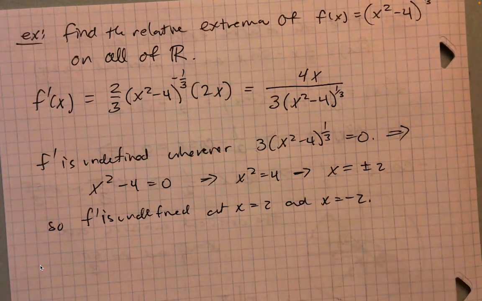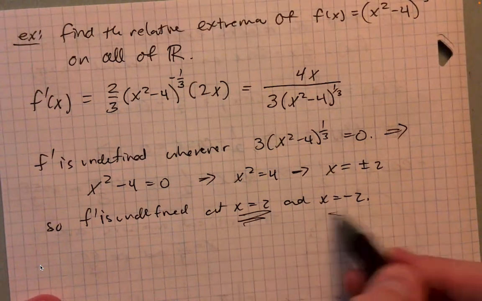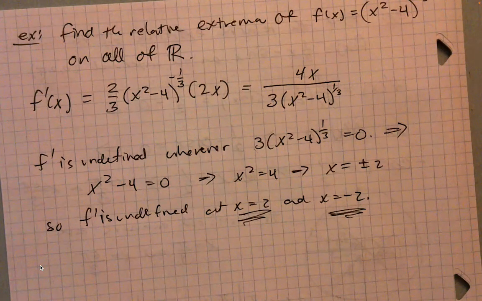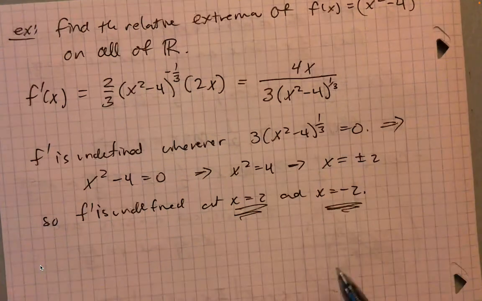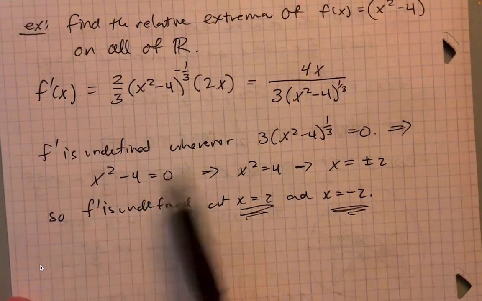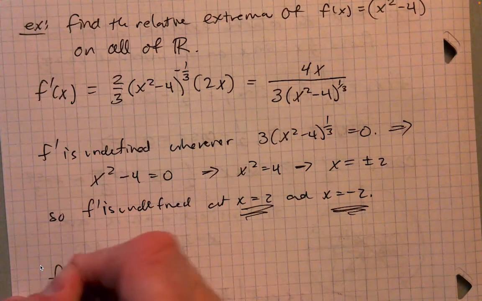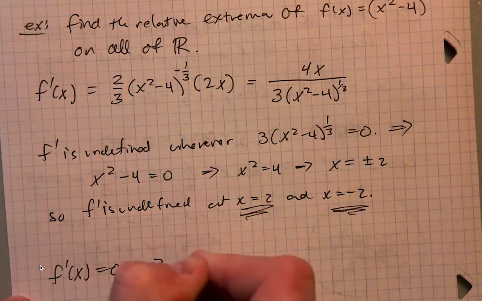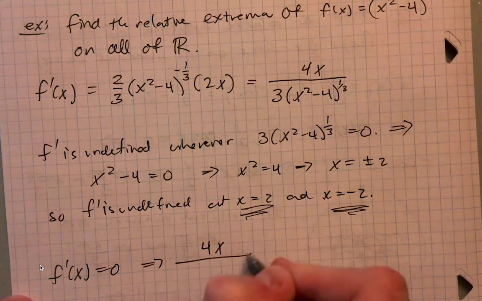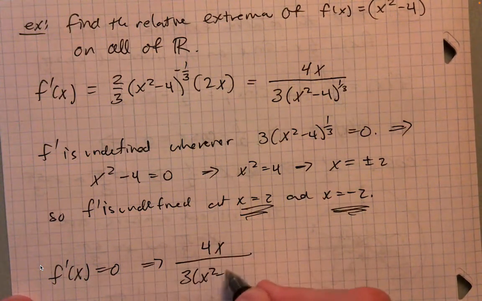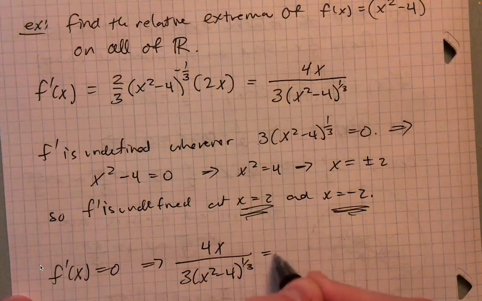So just things to know: if the derivative is undefined, that means you have critical numbers there as well. So these are critical numbers in addition to whatever other critical numbers we might find. The other critical numbers could be identified by setting the entire derivative equal to 0. So f prime of x equals 0 implies 4x over this whole thing equals 0.